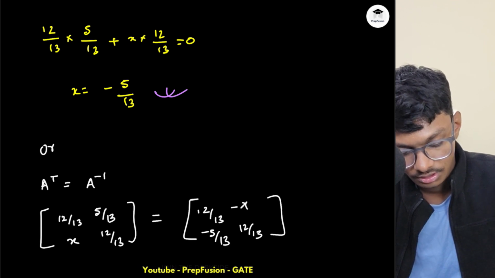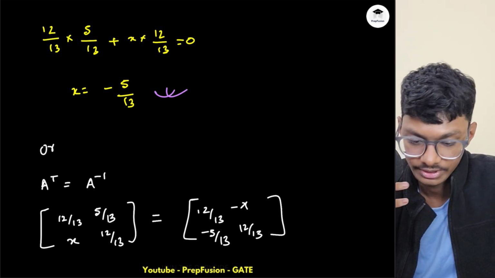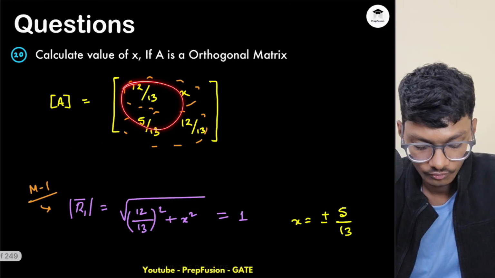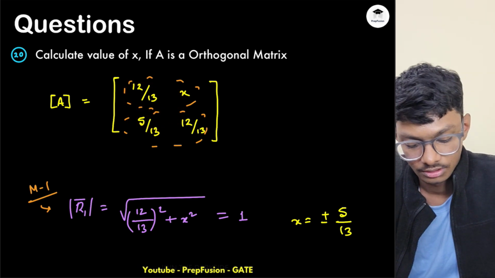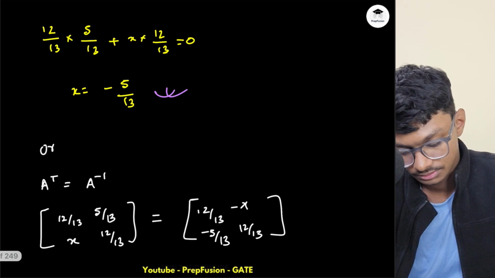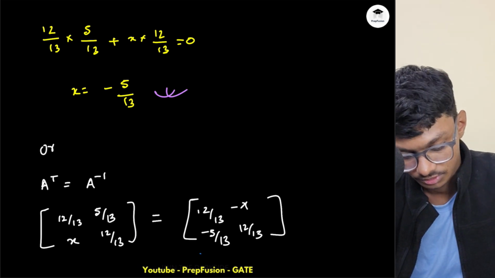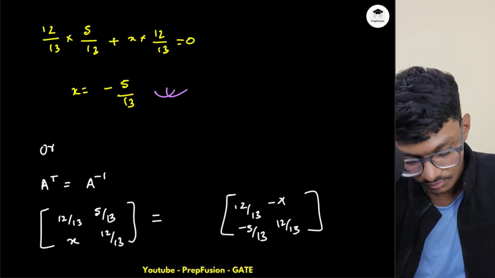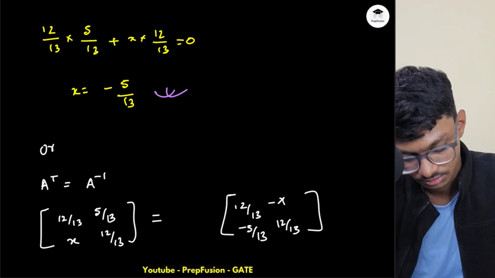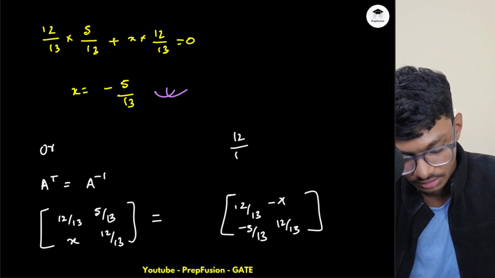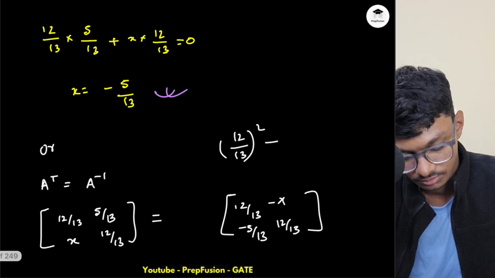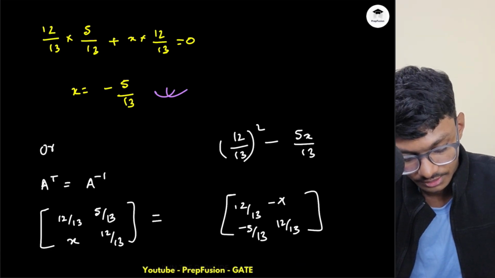Now what is the determinant? The determinant is either plus or minus 1 for an orthogonal matrix. Let's check what the determinant is here. It is simply 12 by 13 whole square minus 5x by 13.